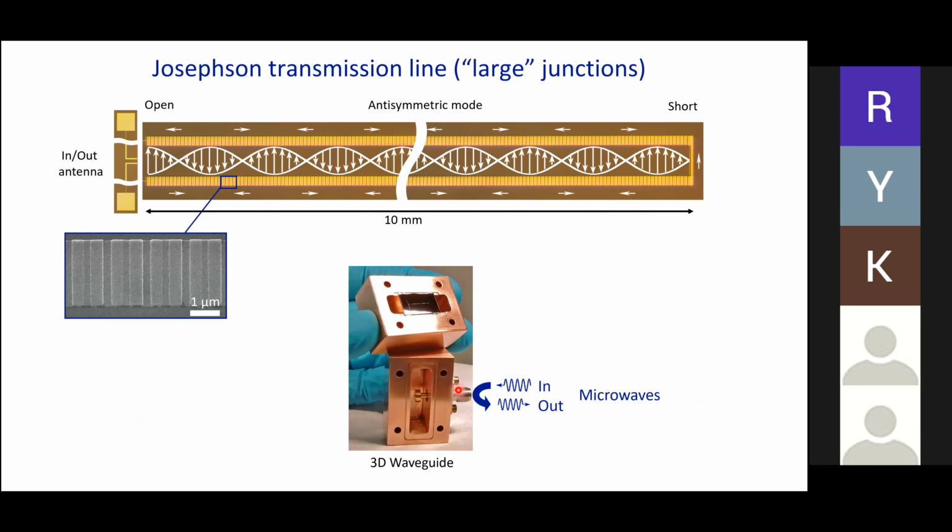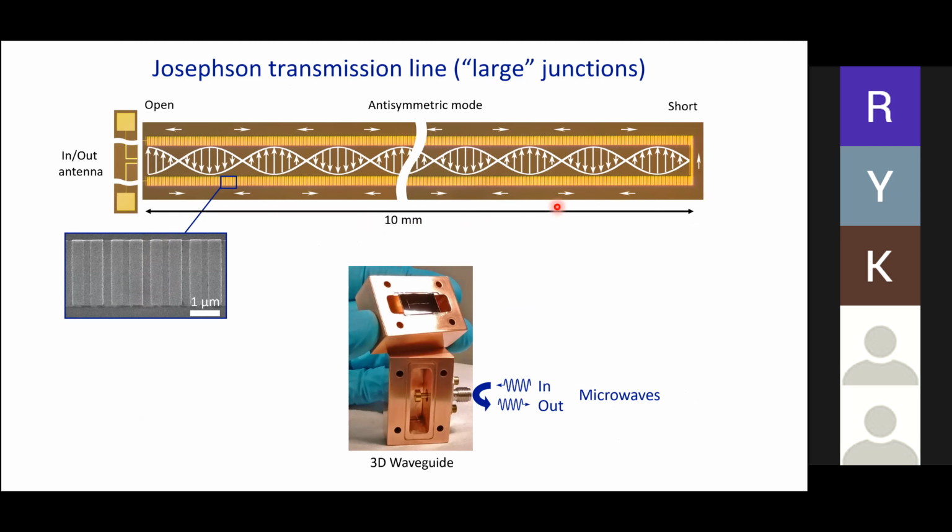First, let's look at just the Josephson transmission line. Here we use large junctions, approximately 1 square micrometer in size, and they form two parallel long chains. Here I have an example of a 10 millimeter long chain, which contains about 30,000 junctions.